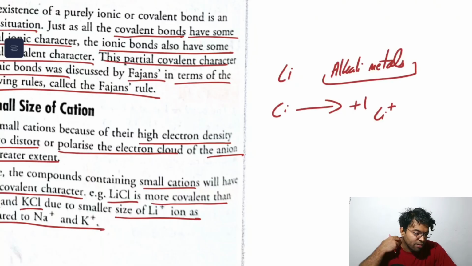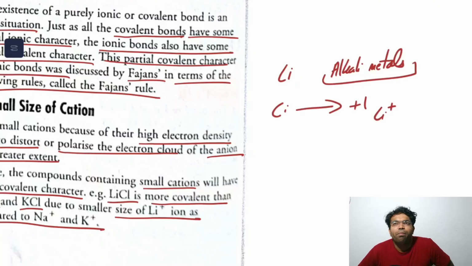But what happens when it forms a molecule? Its electrons are too close to the nucleus because it's a very small atom. Due to this, what happens? I have told you this before also. Now, in a smaller atom, the electrons are present in the inner shells, right? Like you have the K shell or the L shell.